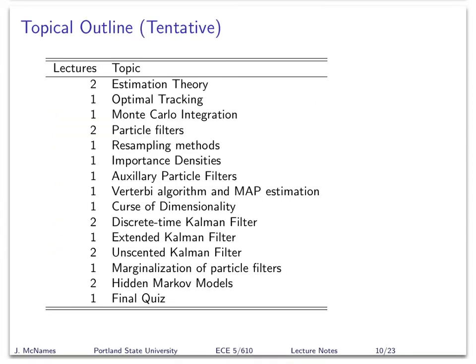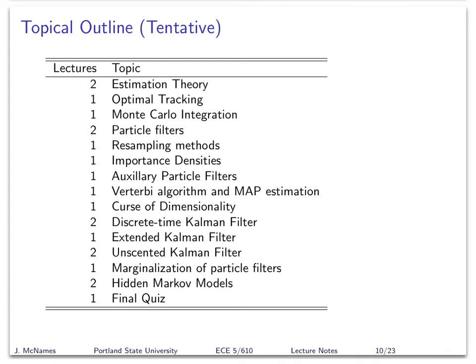Here's a rough outline of what we're going to be covering this term. And it may not be in exactly this order. It's probably pretty close because I have done this one time before, but it's not perfect. So this week, more traditional lectures and doing estimation theory, which is the background for this class.